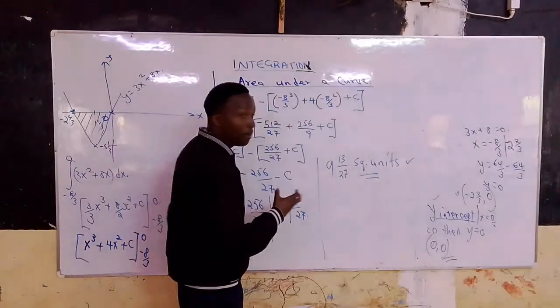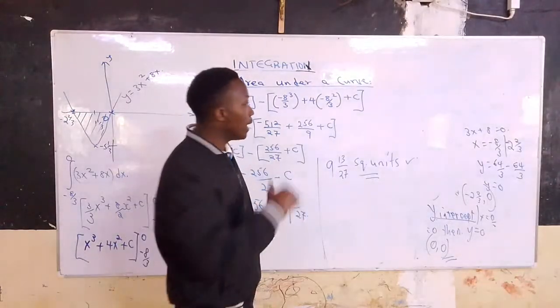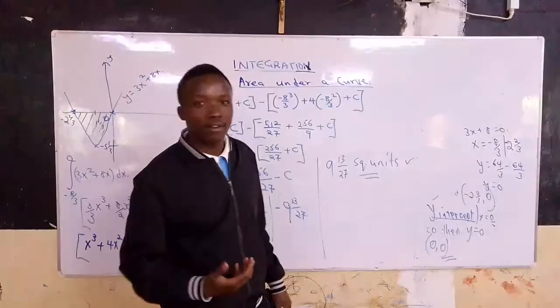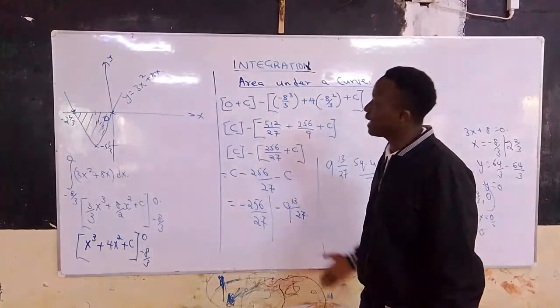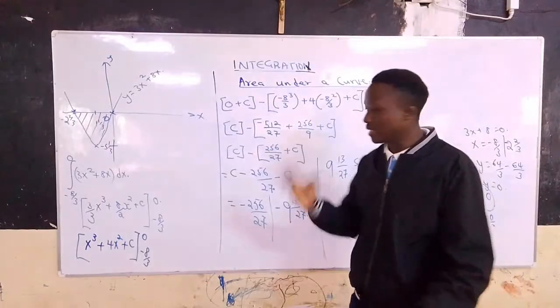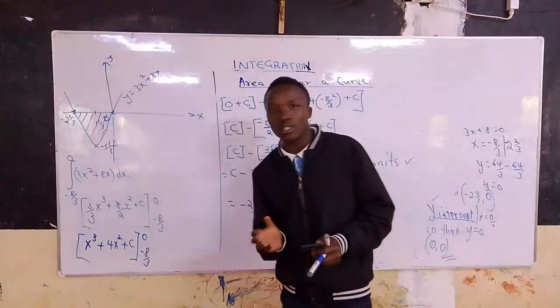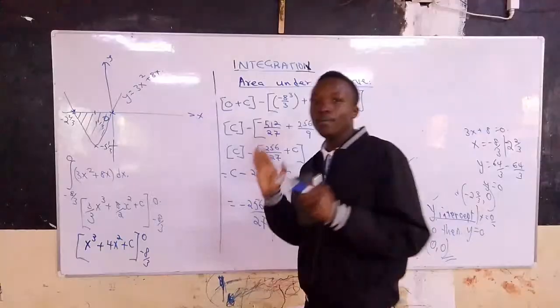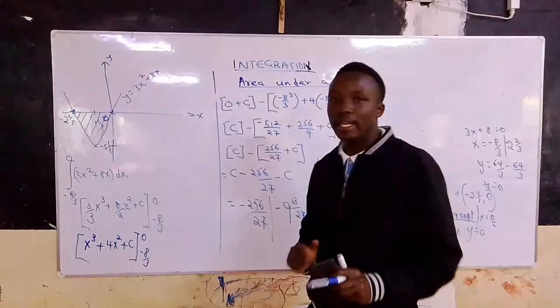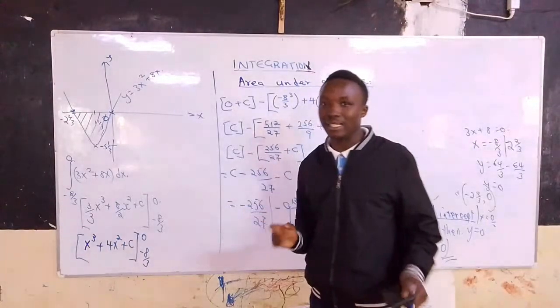I would plead with you to do more and more examples on area under a curve and see how we go about it. You see, it's not something hard. Once you are conversant with definite integrals, be assured that it's very easy to determine the area under curves and under lines.